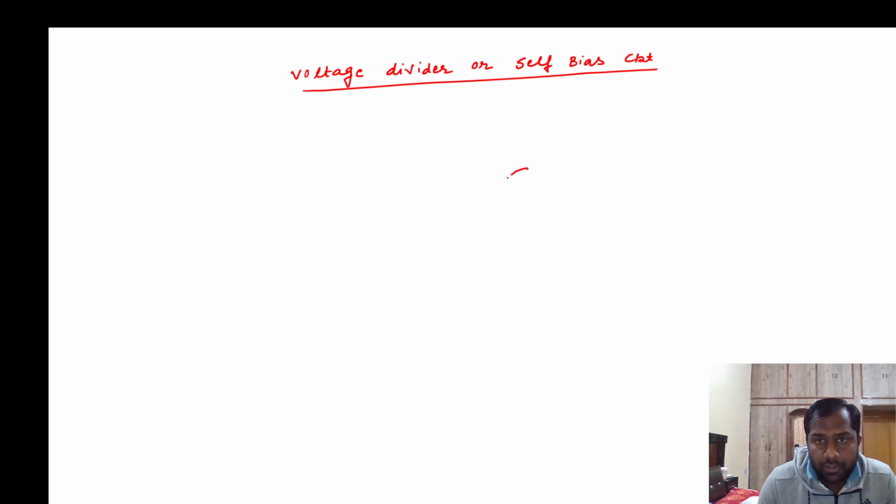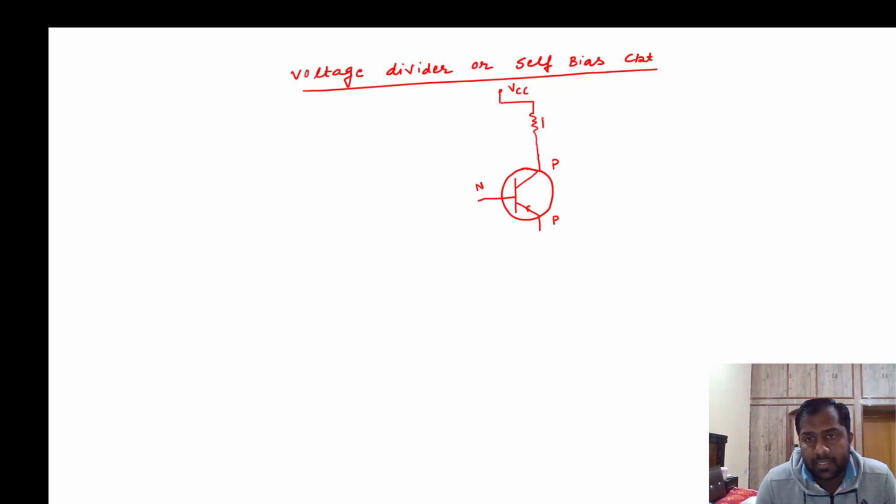So we are using here a PNP transistor. This is PNP, and this transistor is in the common emitter mode. Clear? So already we have discussed, this is the VCC power supply, and this is a resistance RC, which is connected with the collector part.